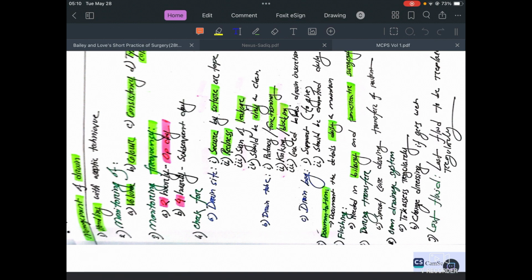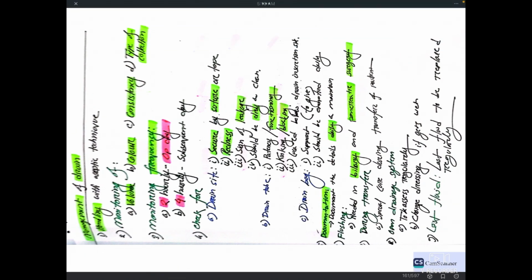So here, this is the question. Management of a drain: handling with aseptic technique, monitoring of the volume, color, consistency, and type of collection, and monitoring of the frequency.